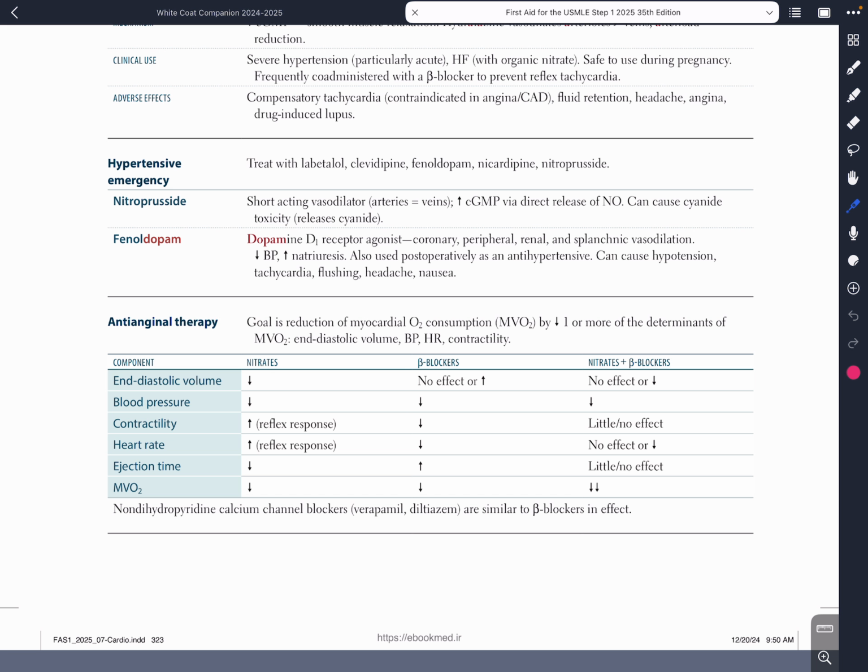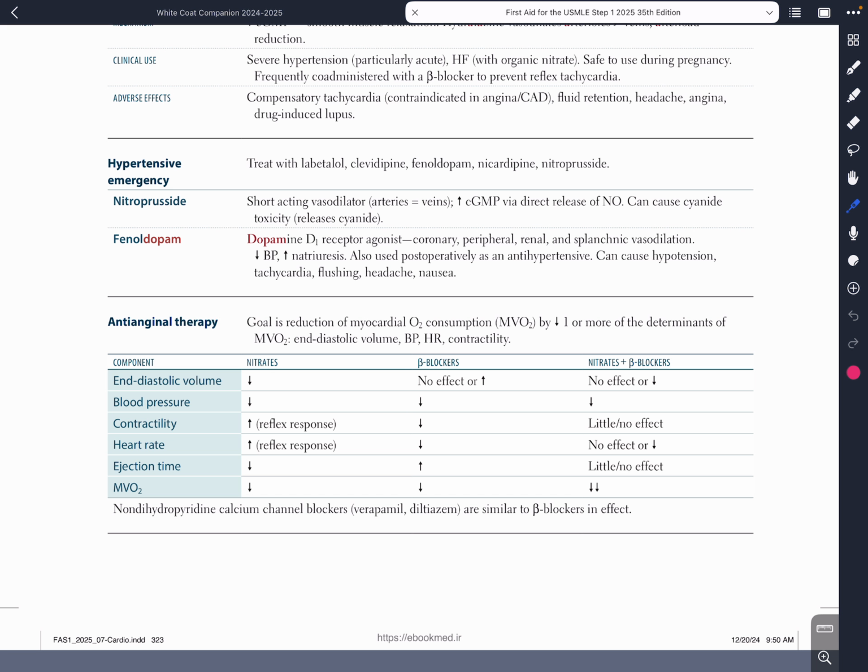In those cases, you give anti-anginal therapy. Anti-anginal therapy is given when the patient is experiencing chest pain, because it is a symptom of angina.